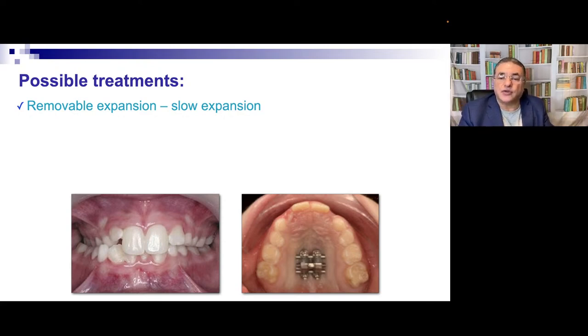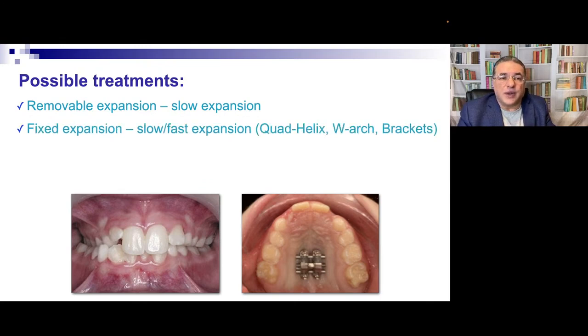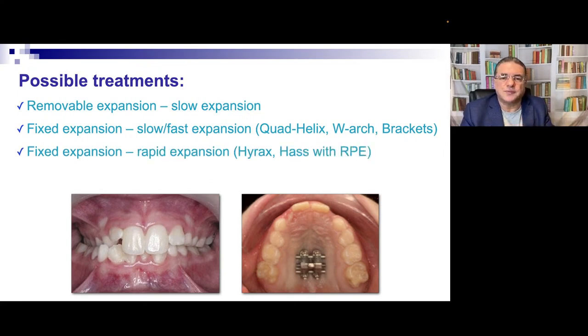I would rather use something fixed. We can use fixed appliances like a quad helix, W arch, or Damon brackets. If the problem is dental, if we don't have a skeletal problem, that's what I like to use.